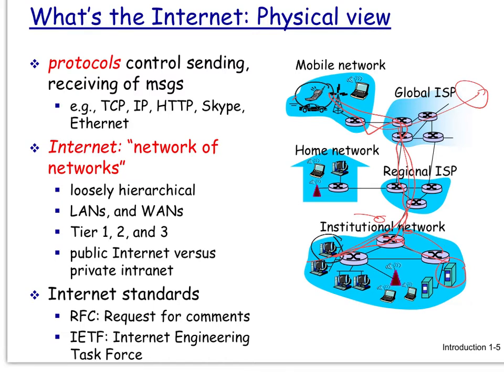But the tiered architecture helps in the scalability in the sense that each tier has to think in terms of the network resources that they have, in terms of how many routers, how many switches and stuff like that, and then start to increase the number of users. If the number of users exceeds certain limits, then and only then they ask for more resources from tier 2 service providers.